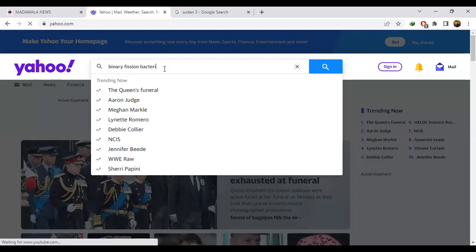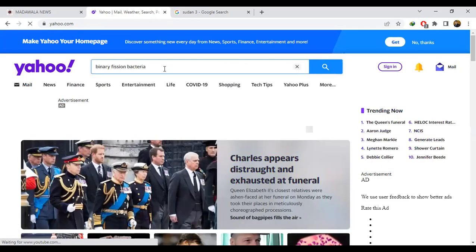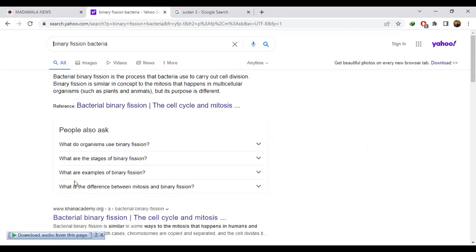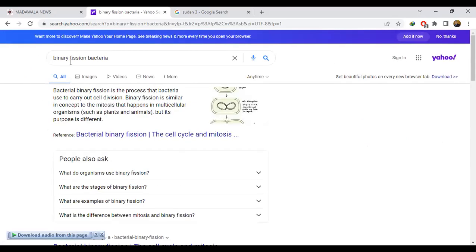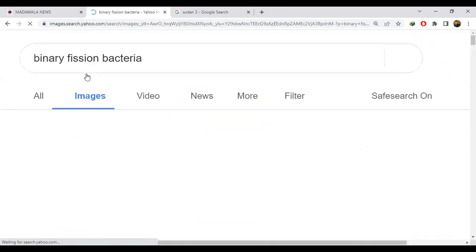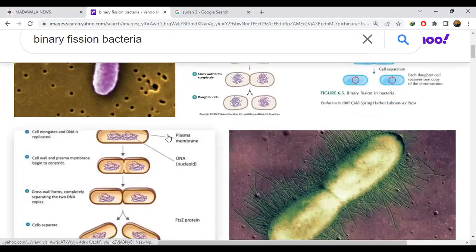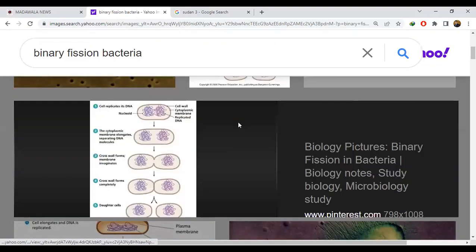For every word, we have to ask the questions, what and why? So let's have a look at the bacteria's binary fission.